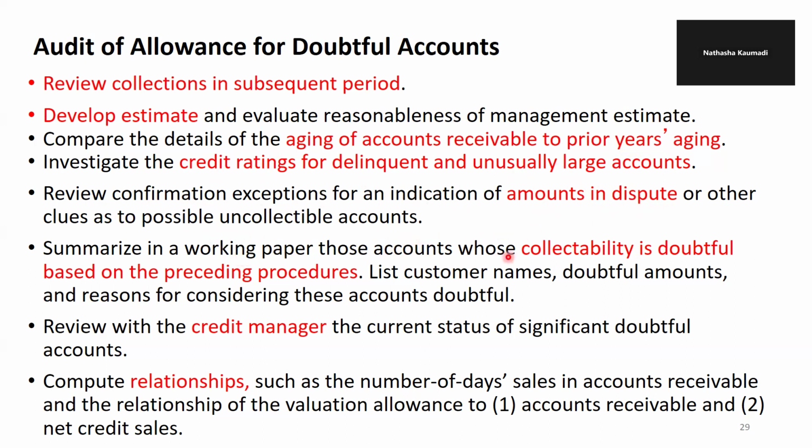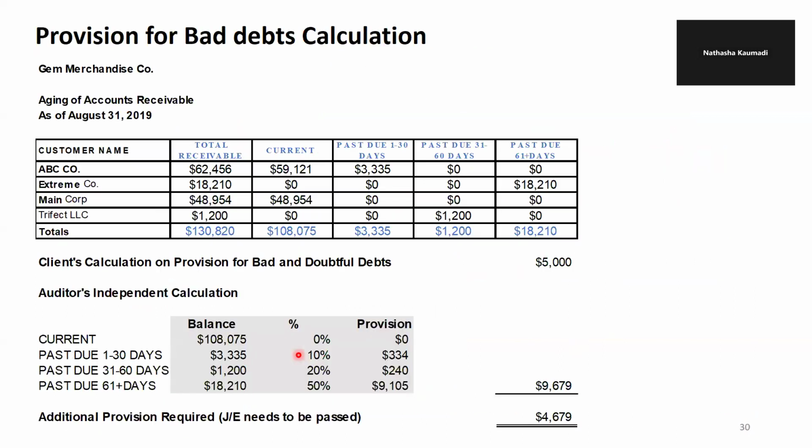Summarize in a working paper those accounts whose collectability is doubtful based on the preceding procedures. Review with the credit manager the current status of the significant doubtful accounts. You can ask the credit manager who the difficult customers are, what is your estimate on the allowance for doubtful accounts, and who the doubtful customers are. Likewise, you can do different audit procedures.